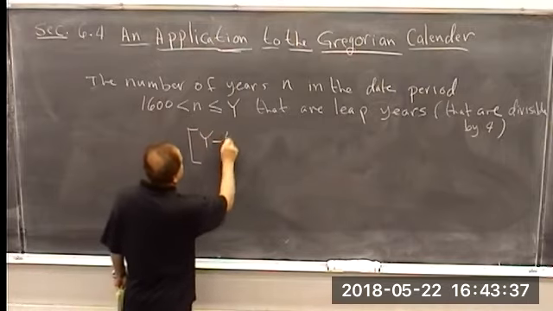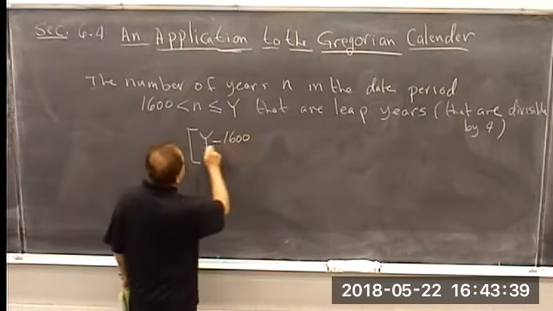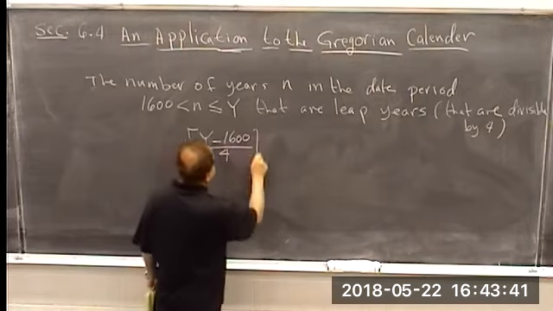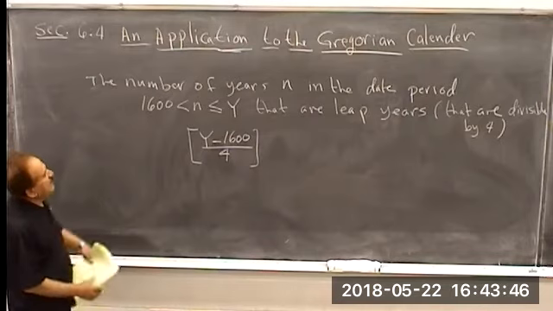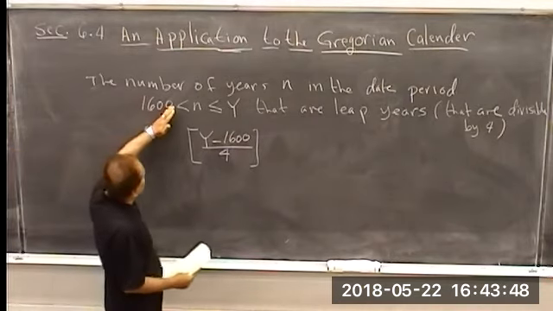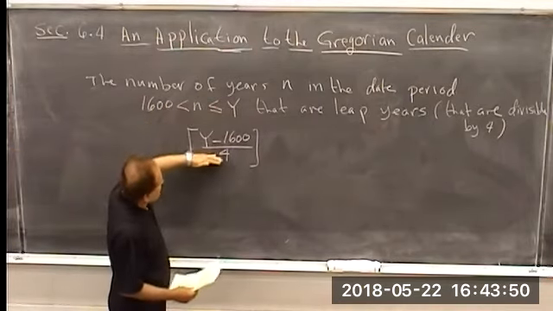This number is the greatest integer of y minus 1600, divided by 4. So this is the number among the numbers from 1601 to y that are divisible by 4.